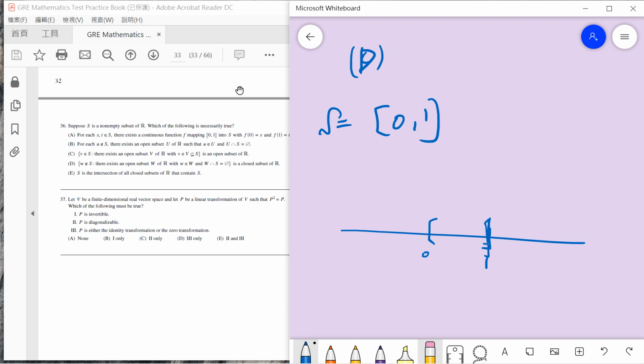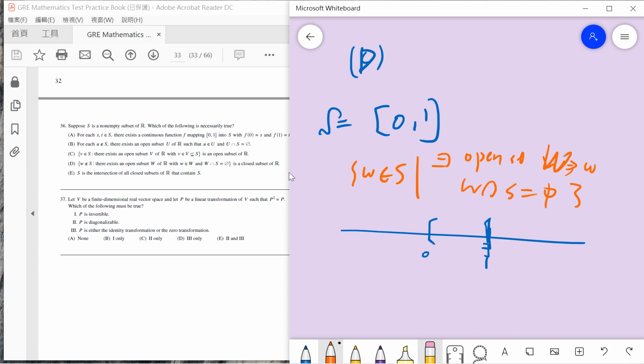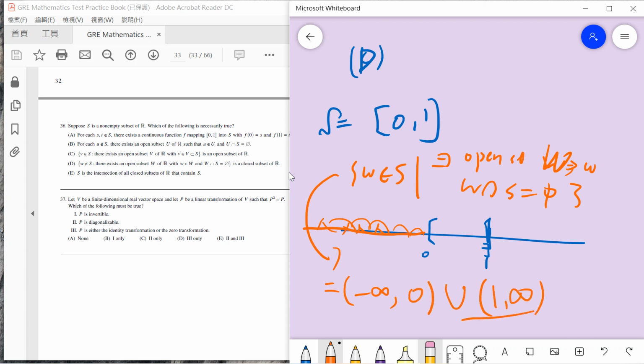But definitely, if you see the definition, in this case it should be all the points from this, because all these points contain some open set which has no intersection point with S. So this set in this case is minus infinity to 0 union 1 to infinity, which is open.